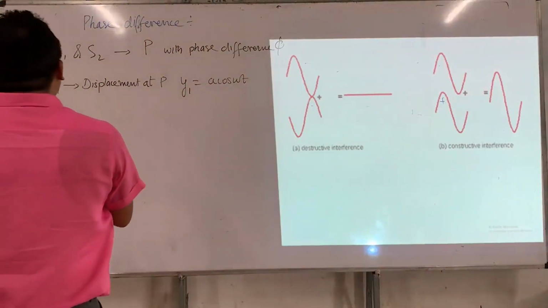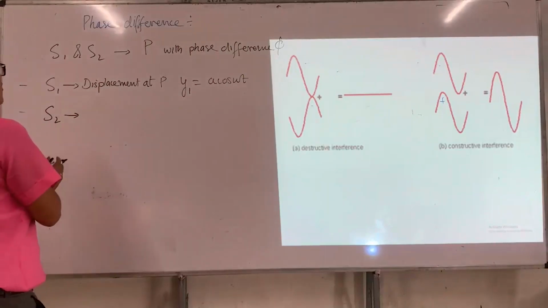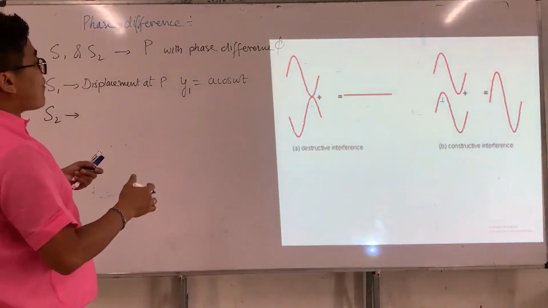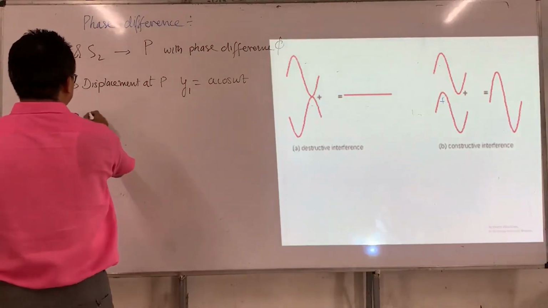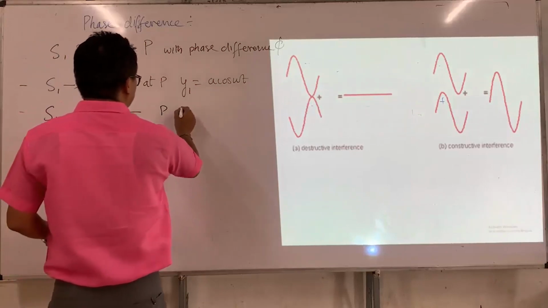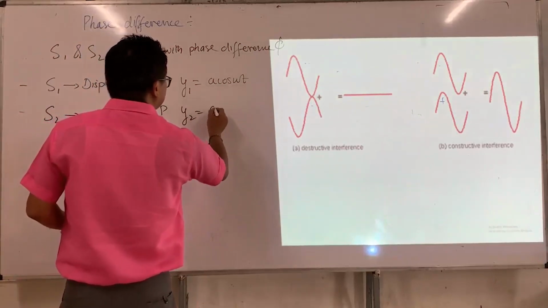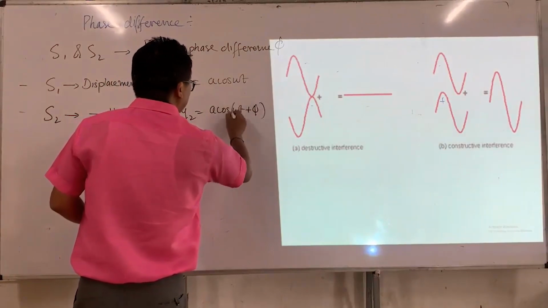Now again I say that the wave from S2 combined with S1, and then the displacement at point P due to S2 is going to be y2, and since the phase difference is, let's say, phi, this is a phase difference.